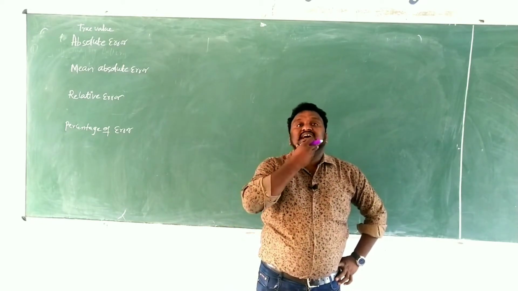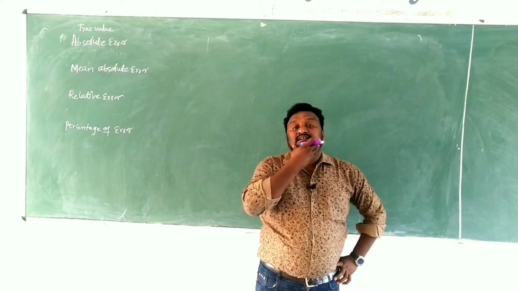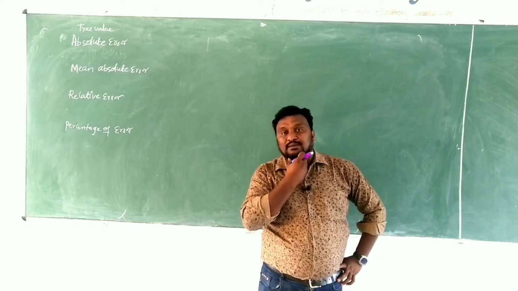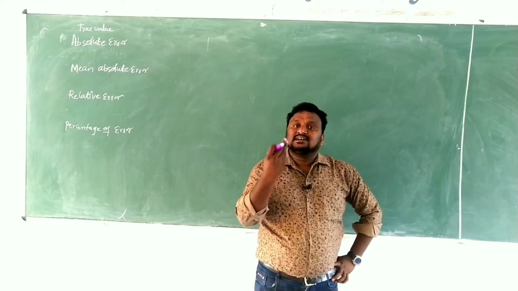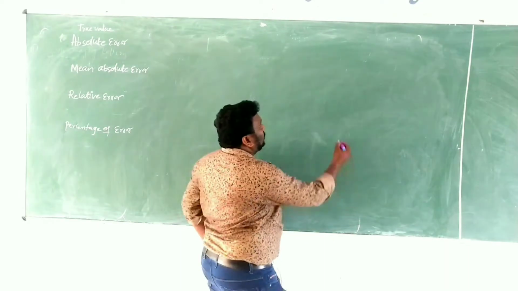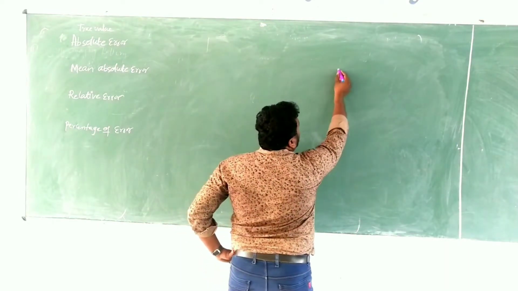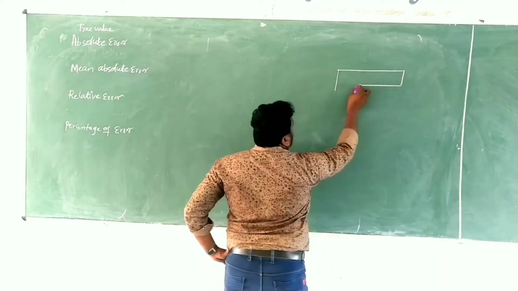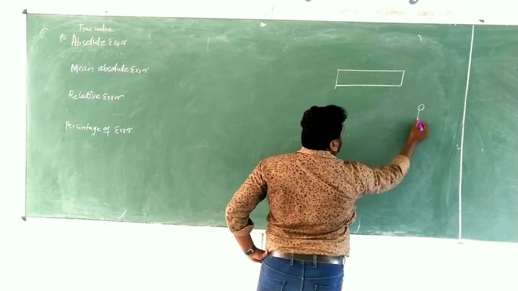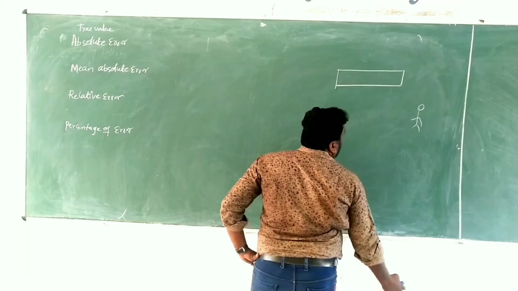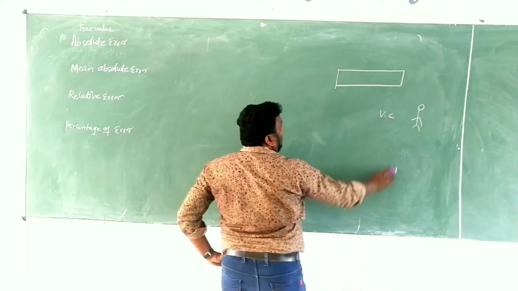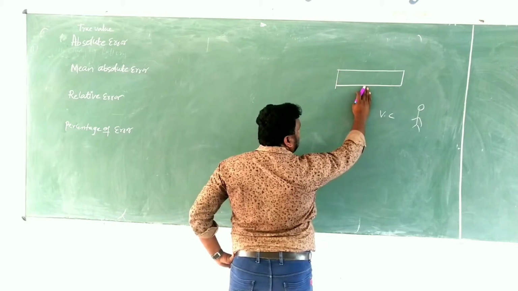In the previous class we discussed finding the length of a slab, so I am taking that as the example here. I gave a glass slab and vernier calipers to one person. The instrument he was using is the vernier calipers, to find the length of the glass slab.